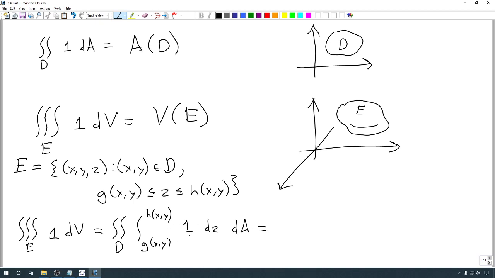But when we integrate 1, we just get z, which means we end up subtracting h minus g. So it's the double integral over D of h(x,y) minus g(x,y), which is pretty much exactly the way we were talking about volumes using double integrals.